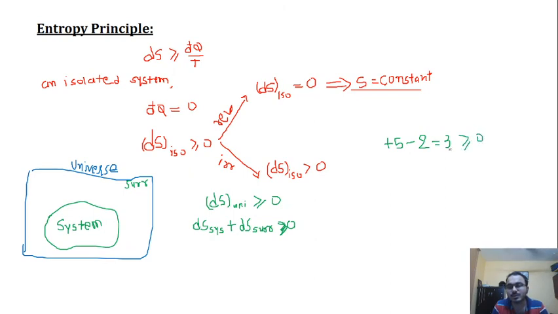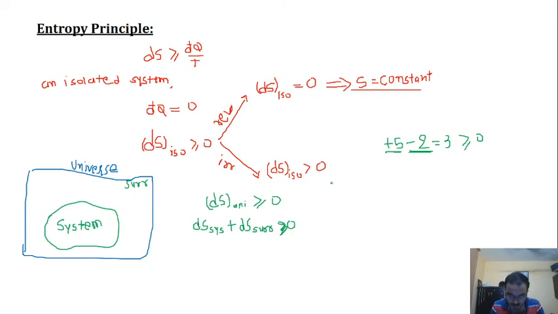There is a decrease of entropy in one section, but the increase in another section is much higher, such that the overall summation is always greater than 0.